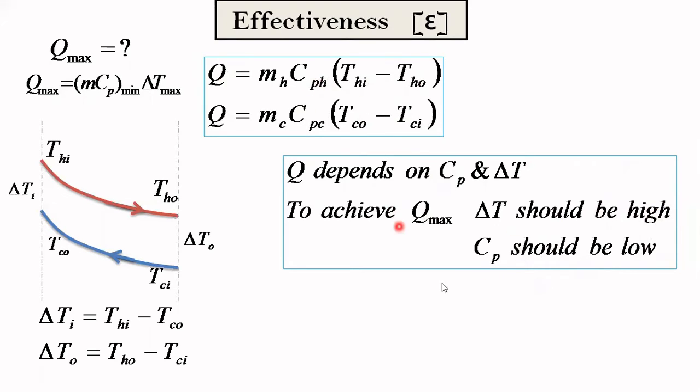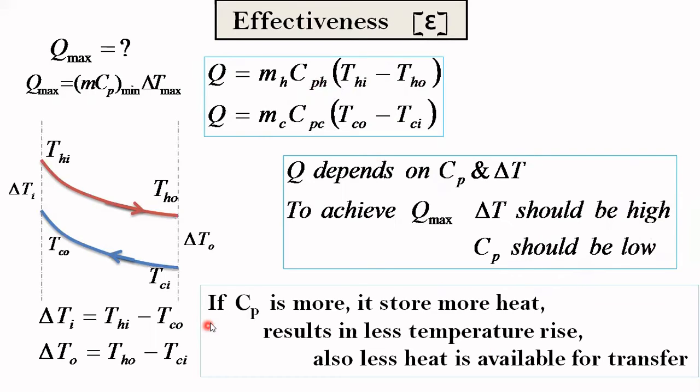Now why should this specific heat be low? Because if the specific heat is more, then it stores more heat. So it results in less temperature rise, and also less heat is available for the transfer, because we know the specific heat is the amount of heat required to raise the temperature by a unit degree.